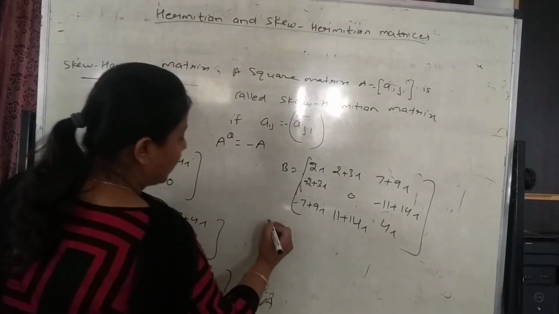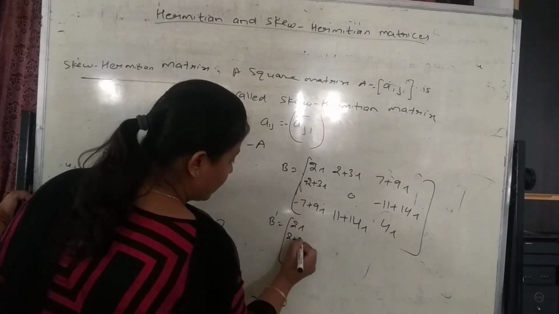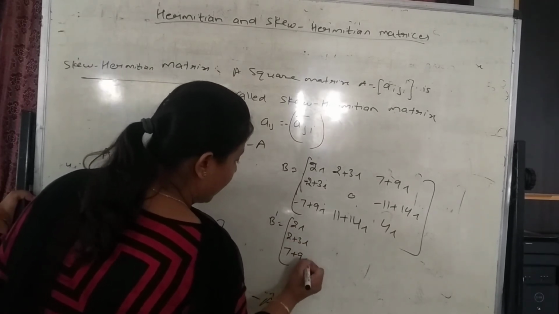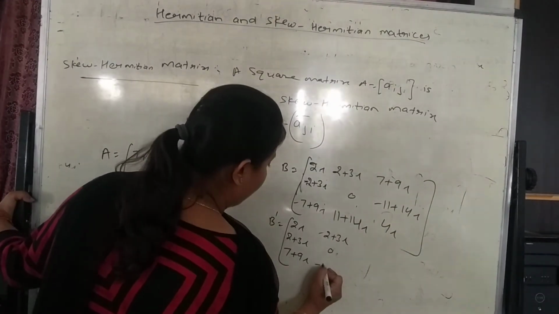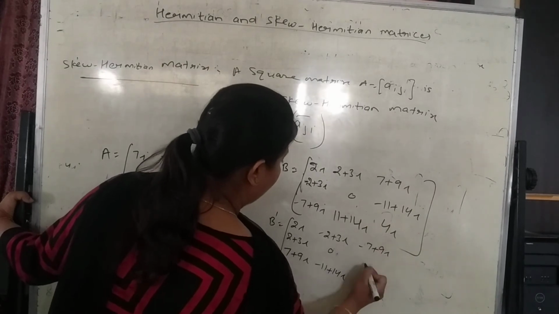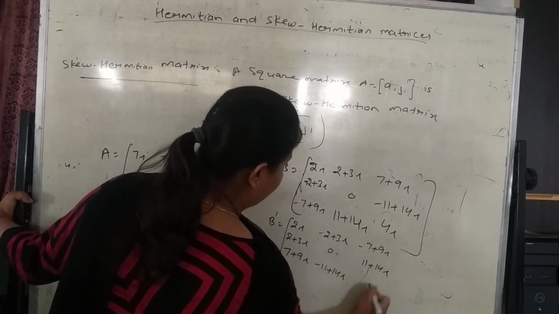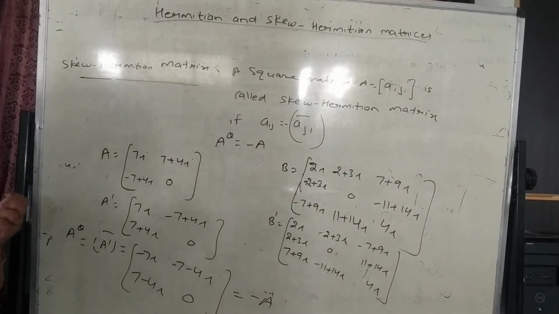Now we will find its B theta. B transpose: 2 iota, 2 plus 3 iota, 7 plus 9 iota, minus 2 plus 3 iota, 0, minus 11 plus 14 iota, minus 7 plus 9 iota, 11 plus 14 iota, 4 iota. Now we will conjugate that matrix.